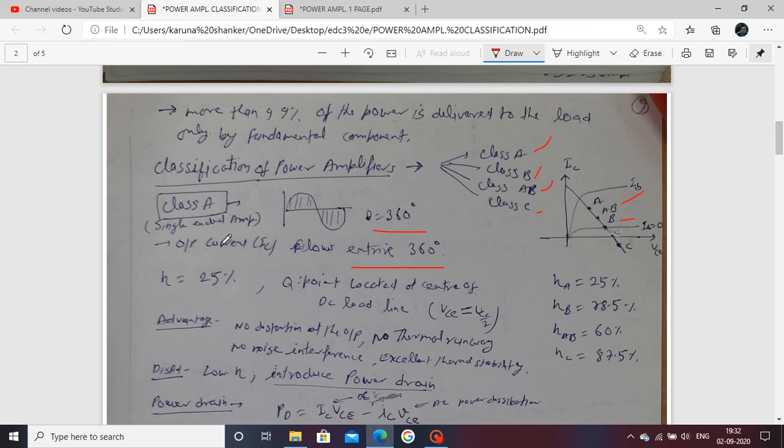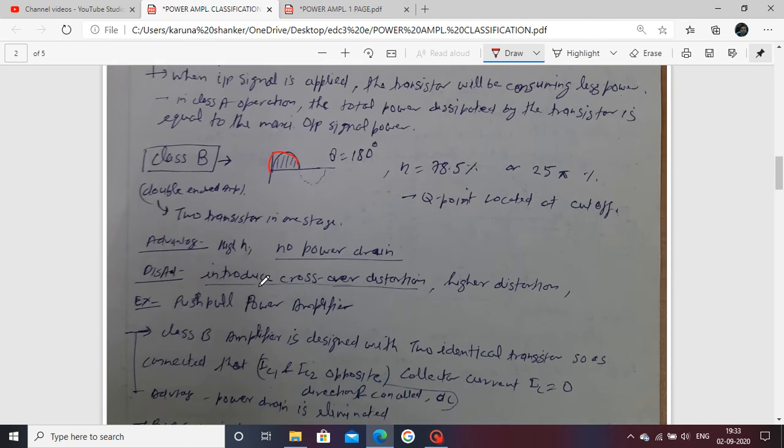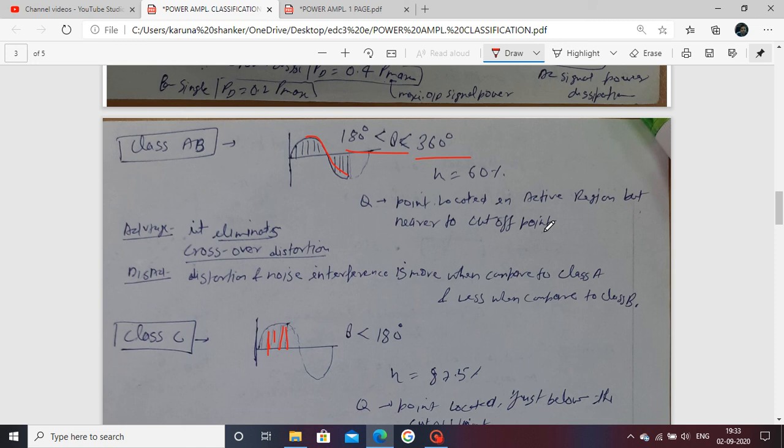The efficiency of class A is 25%, and the Q point is located at the center. This is the class A amplifier. Now we move to the class B amplifier. The output current flows for half a cycle, theta equal to 180 degrees. The efficiency is 78.5%, and the Q point is located at the cutoff point. Next we see class AB.